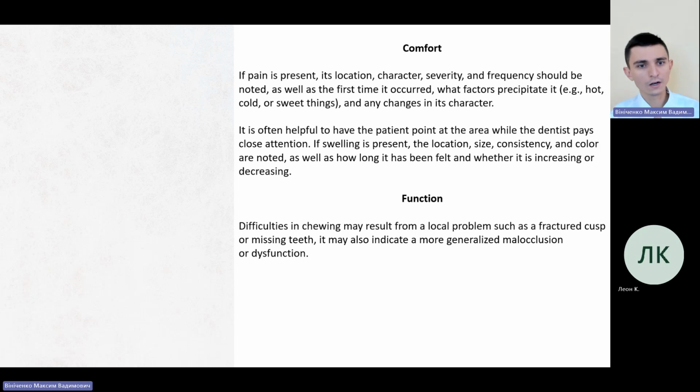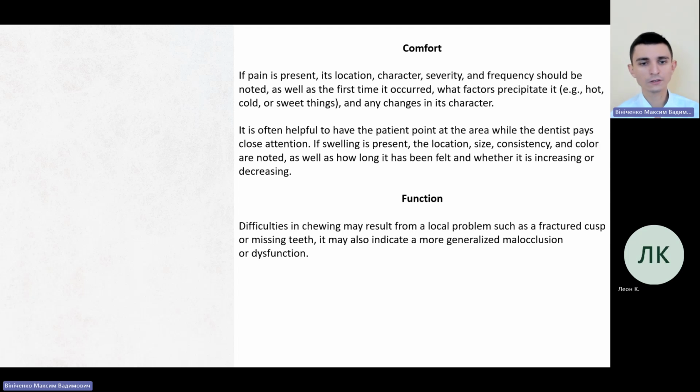Comfort. If pain is present, its location, character, severity, and frequency should be noted, as well as the first time it occurred, what factors precipitate it, for example, hot, cold, or sweet things, and any changes in its character. It is often helpful to have the patient point at the area while the dentist pays close attention.